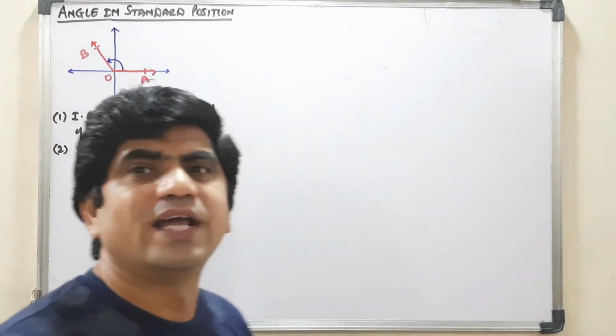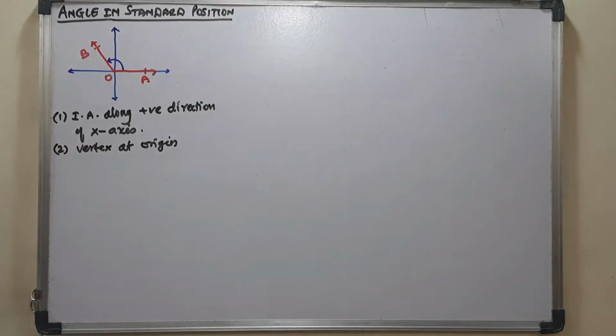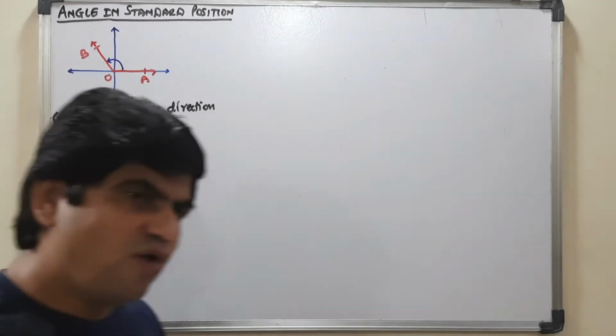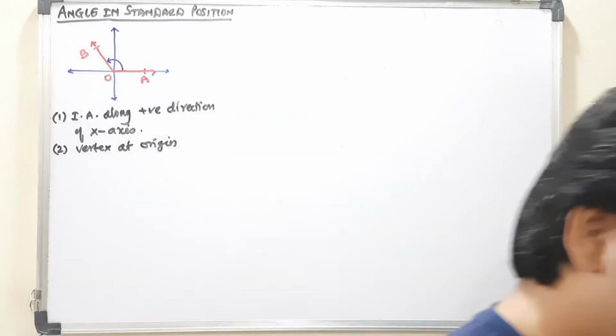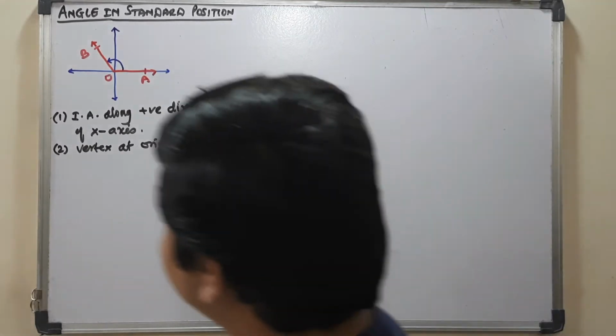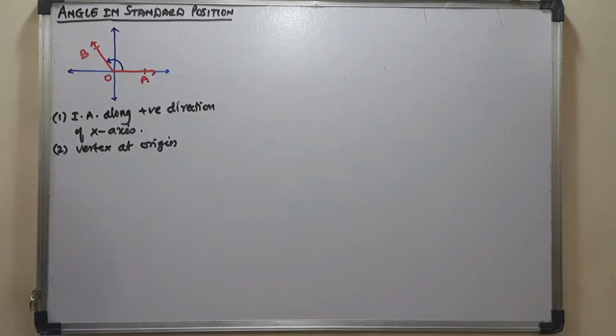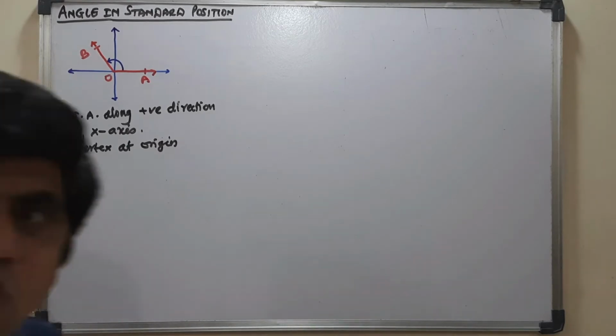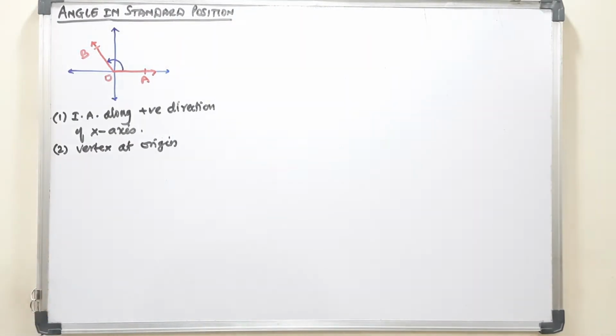So that is called an angle in standard position. Now the question is, where can the position of the terminal arm be? Now you see here the terminal arm lies in quadrant number 2, right?